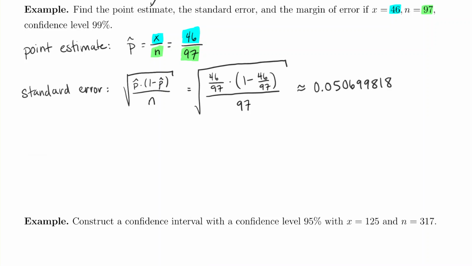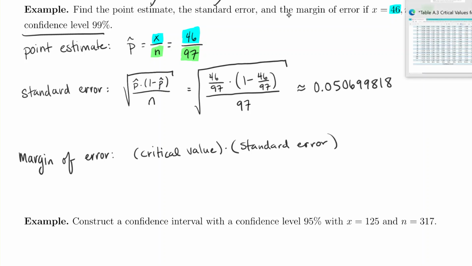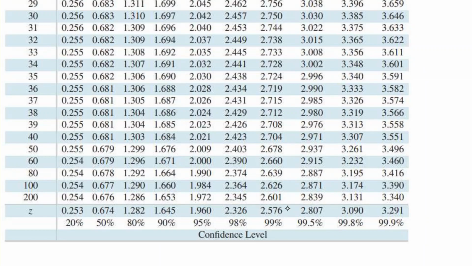So we've got the point estimate, we've got the standard error, next we'll do the margin of error. We know from our previous page the margin of error is the critical value taken from the confidence level times the standard error. Now we already have the standard error, so I just need the critical value. My confidence level is 99%. And luckily for us, 99% is one of the listed confidence levels from our second chart here.